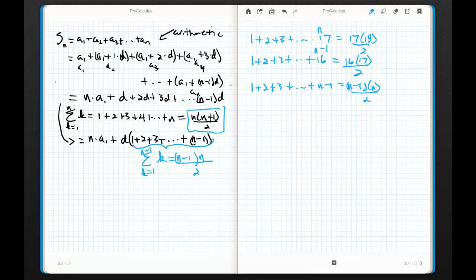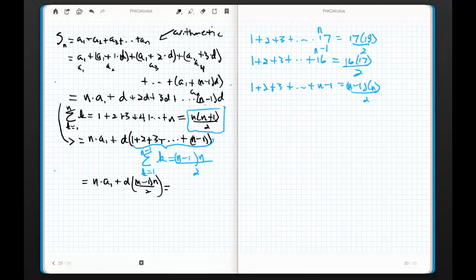I think I've flogged that pony for now. All right, so now we have an equation. Look at this. It may not be the prettiest equation in the world, but God bless it, it's going to work. I got n times a sub 1 plus d times n minus 1 times n all over 2.